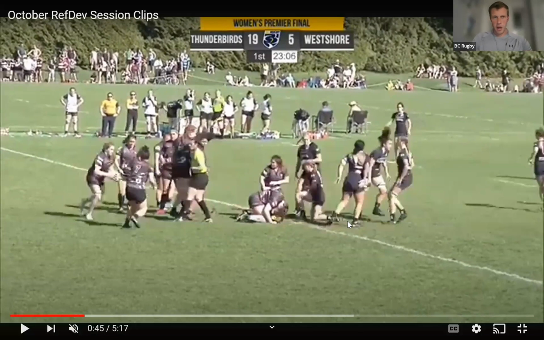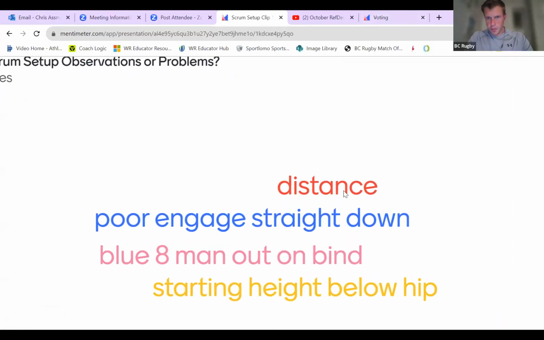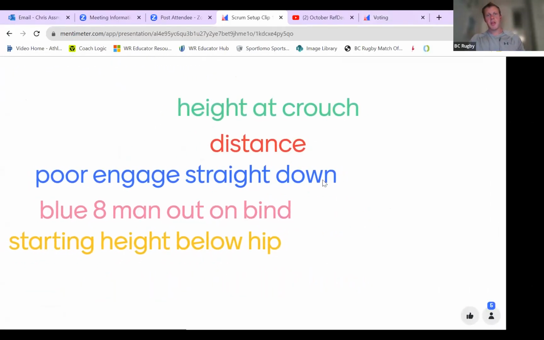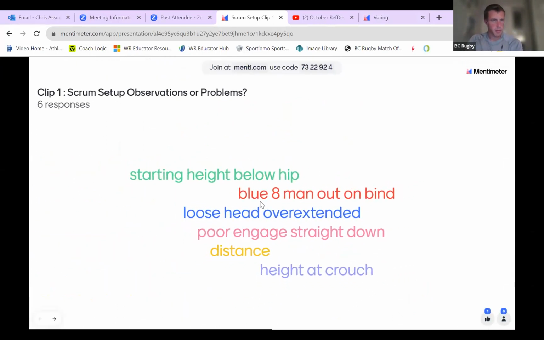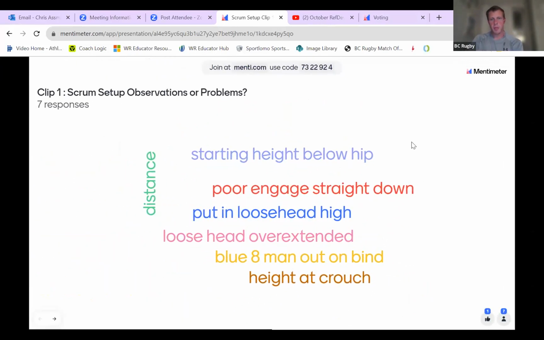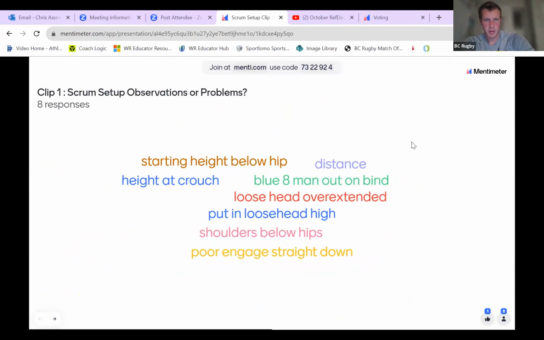We'll stop it there. And I'll just navigate back to my other screen. So fire in when you can, any issues you see at the setup. And that could be before the ball comes in, after the ball comes in, at crouch, at binds, anything that jumps out as that scrum is set up.